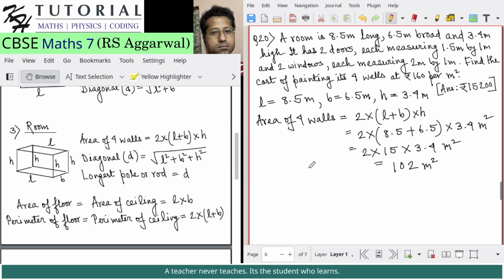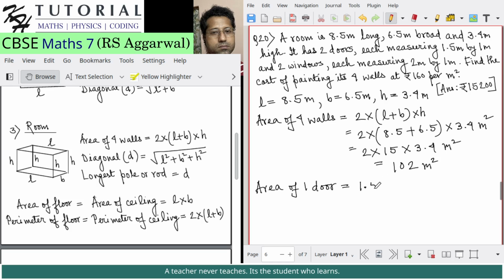Now we have to find the area of the two doors and the area of the two windows. So let's first find the area of one door and area of one window. So area of one door is equal to the dimension of each door is given to be 1.5 meter by 1 meter, which means that 1.5 meter is the length and 1 meter is the breadth.